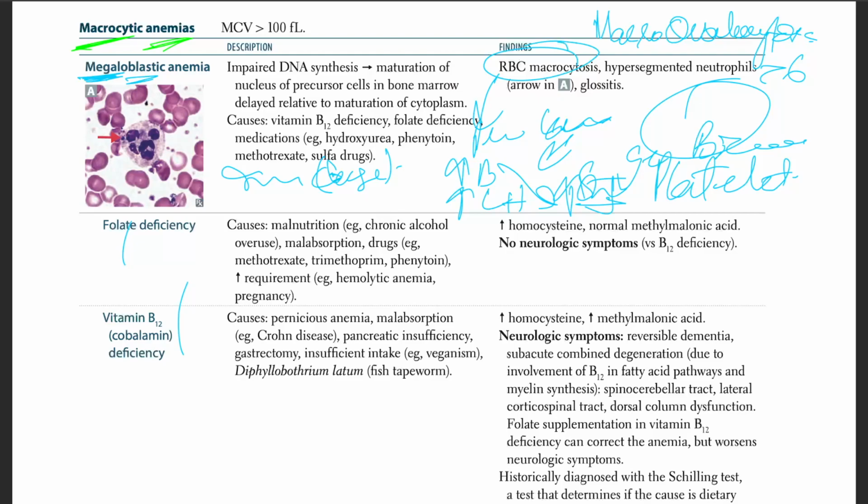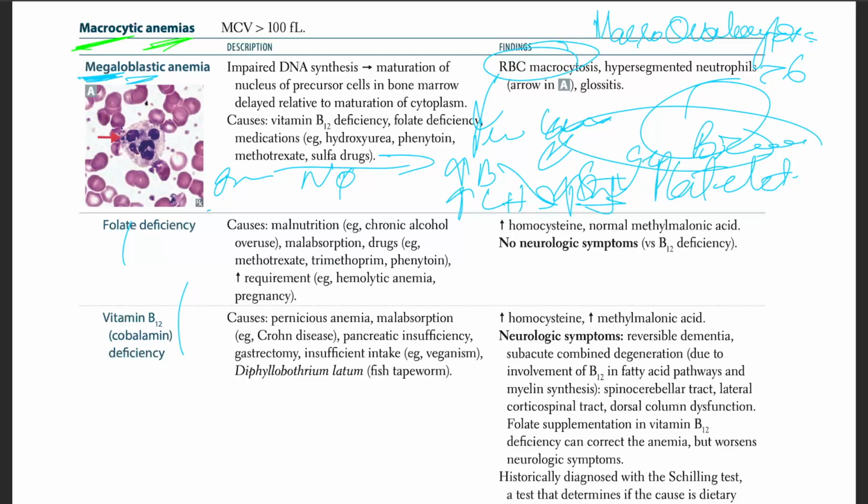Other things are all the cell lines are enlarged. We just talked about the RBCs, but the granulocytes are also enlarged, so you have neutrophils with greater than 6 lobes. You also see it in the platelets that we talked about.